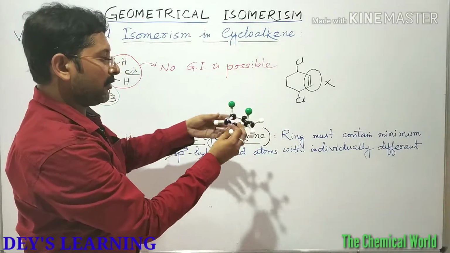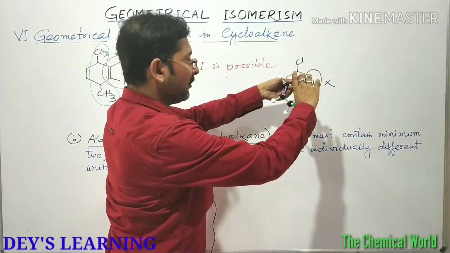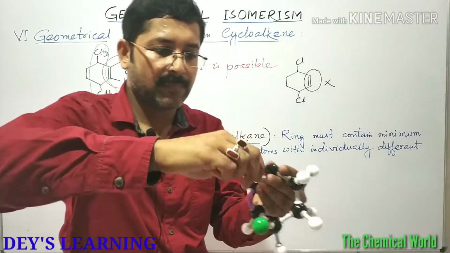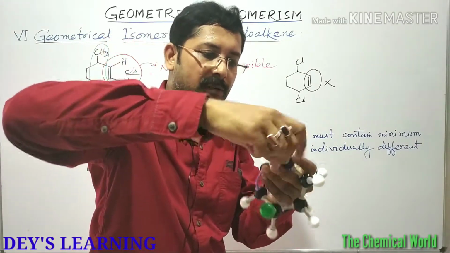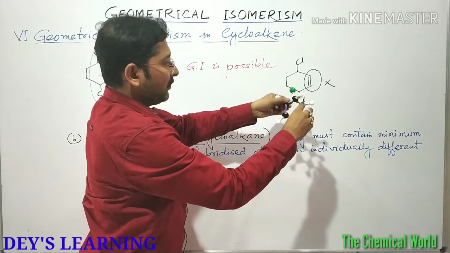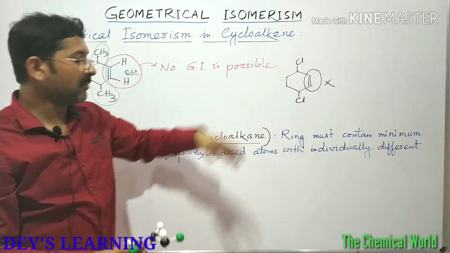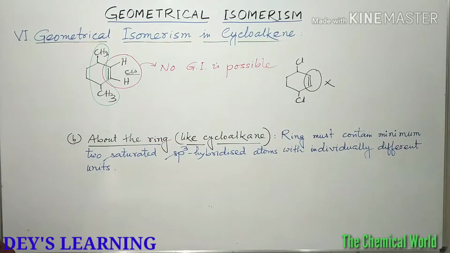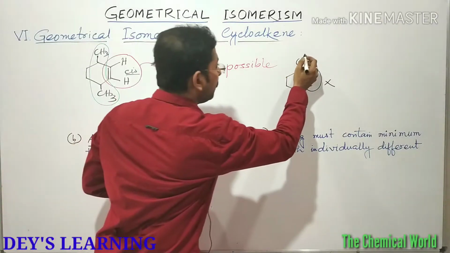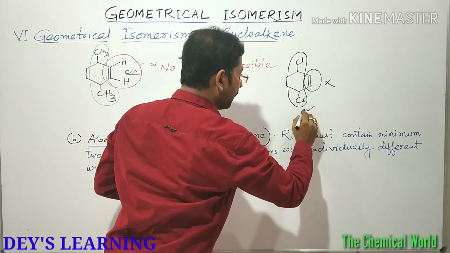These two Cl atoms are on the same side. So this is cis, and if you exchange any hydrogen and chlorine, it will give the trans isomer. These two chlorines are in opposite directions, so it is the trans isomer. So cis-trans isomerism is possible around this ring. Here geometrical isomerism is possible.